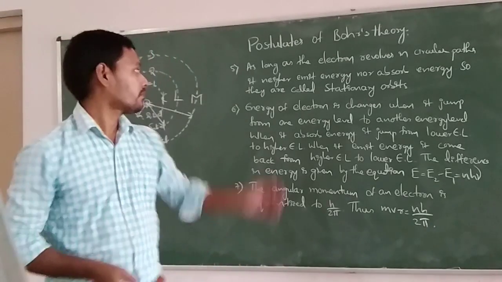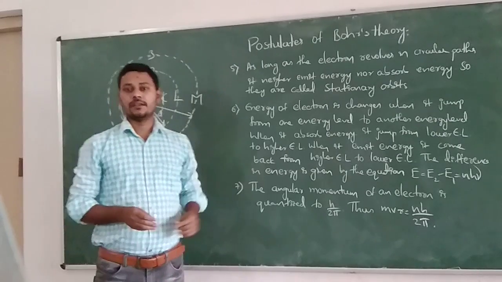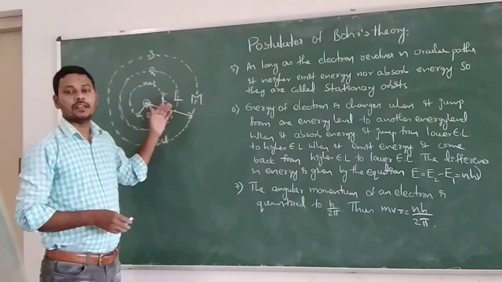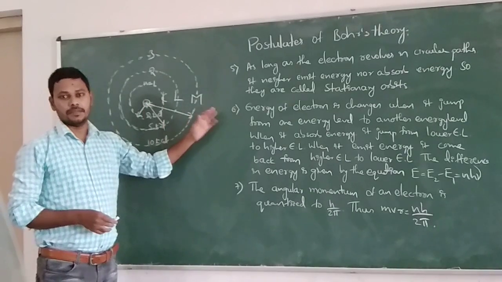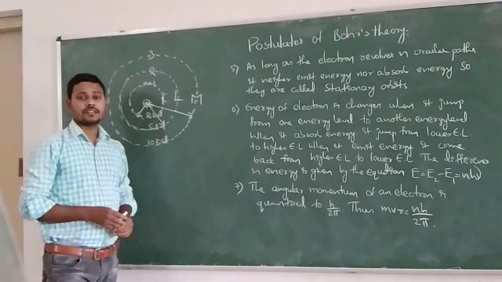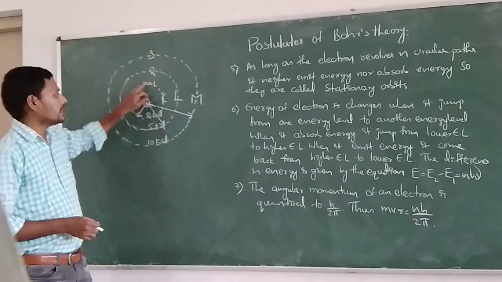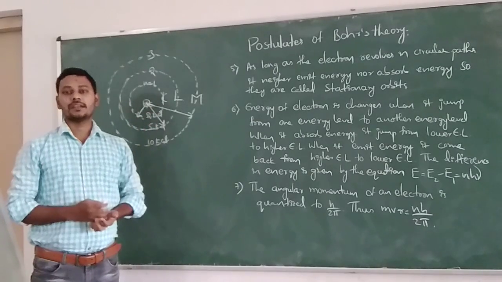Next, fifth point. As long as the electron revolves in this circular path, it neither emits energy nor absorbs energy. That's why they are called stationary orbits, stationary shells, stationary levels. Why do we call them stationary? When the electron rotates in this circular path, its energy is constant.